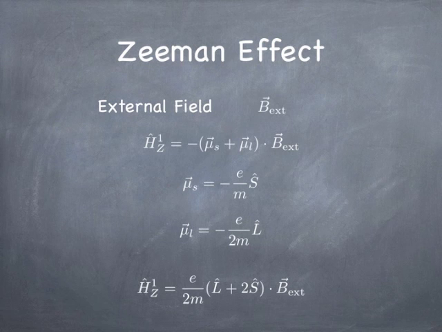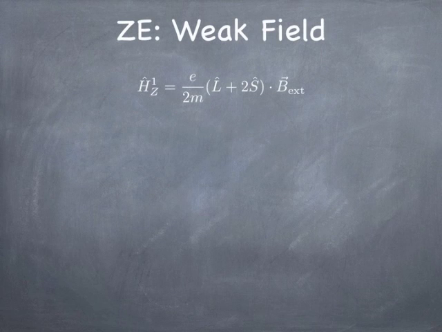We found out, due to the spin-orbit coupling, that L plus S is conserved. J is conserved. But this Hamiltonian is not proportional to J. It's proportional to L plus 2S. But I can rewrite L plus 2S as J plus S.